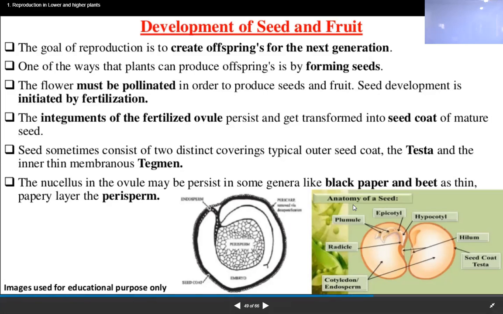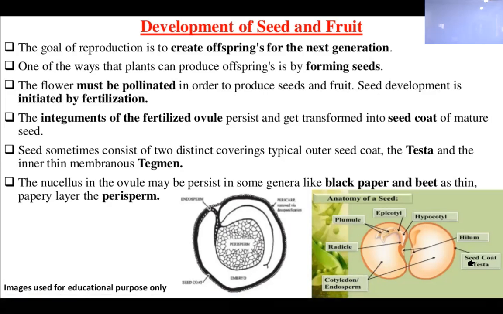This is the anatomy, that is the internal structure of a seed. Plumule develops into shoot, radicle develops into root, cotyledon, endosperm, that means nutritive value. It contains nutritive value. Then hypocotyl, hilum, seed coat or the testa, which is nothing but the covering.